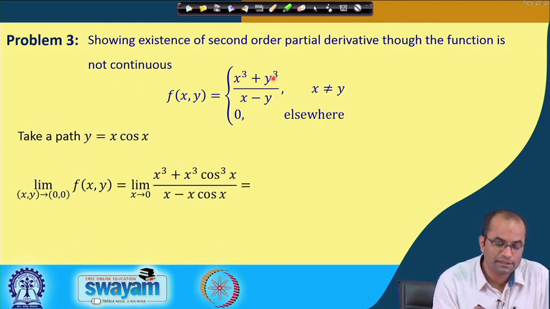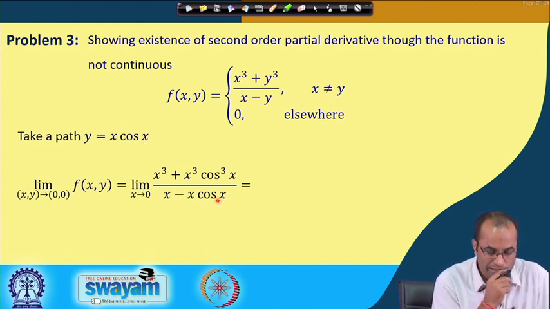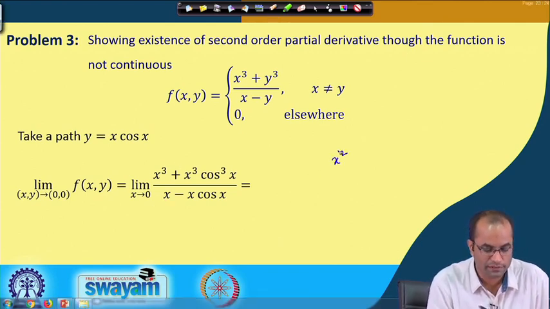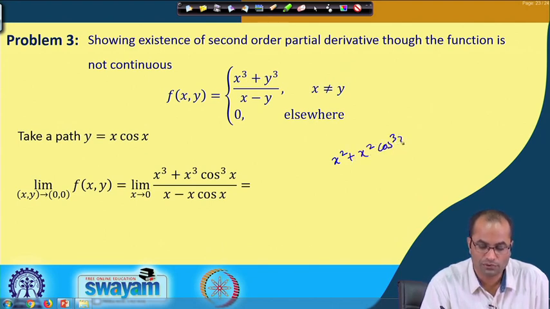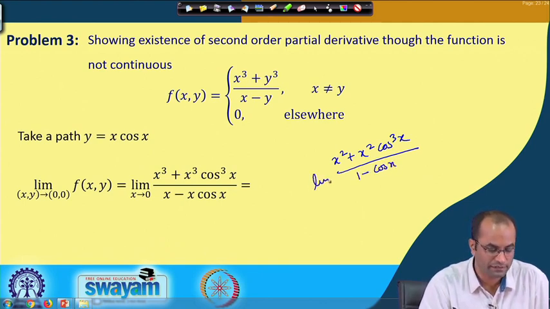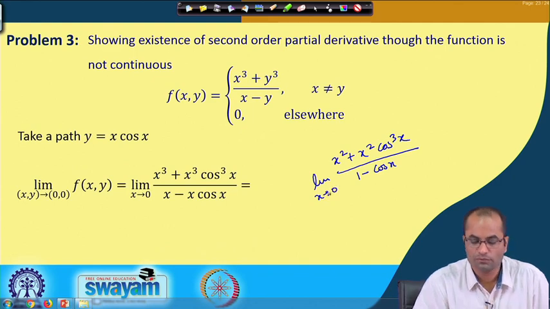So, substituting this x cos x, we have x minus, and the y is substituted as x cos x, and in this case what is this limit here now? So, this x will get cancelled, we have x square plus x square cos cube x, divided by 1 minus cos x, and then we will take the limit as x goes to 0. So, in this case, 0 by 0 form.